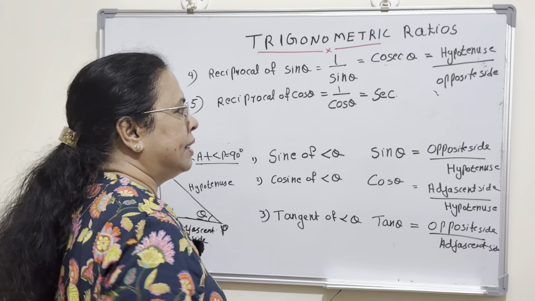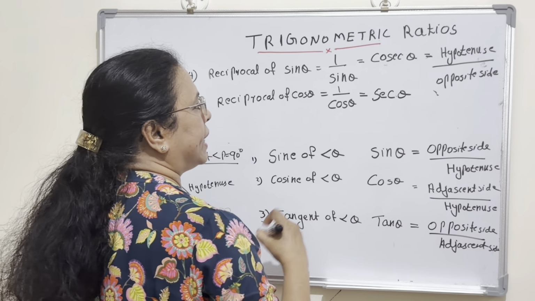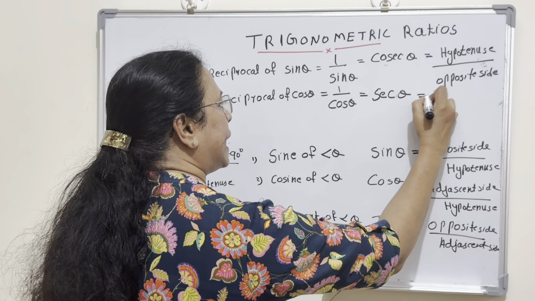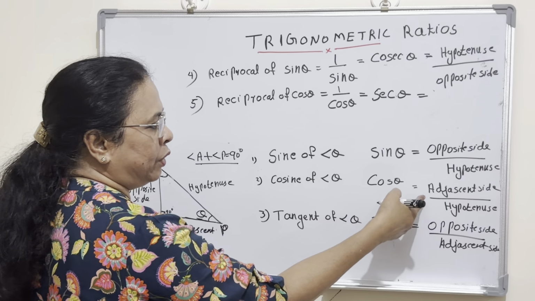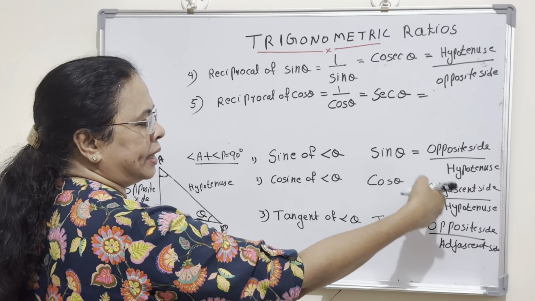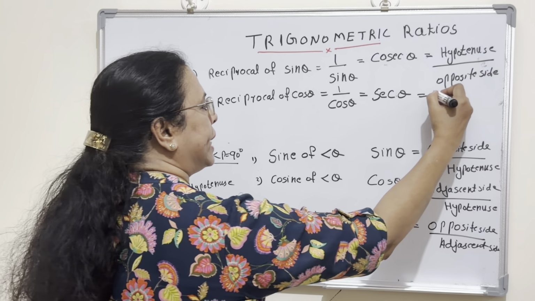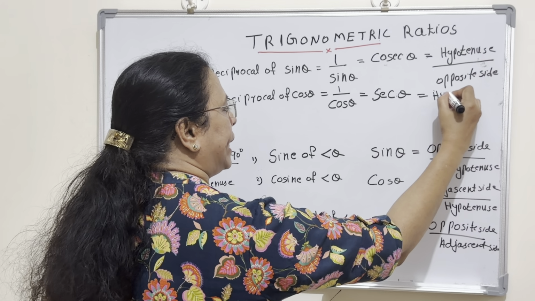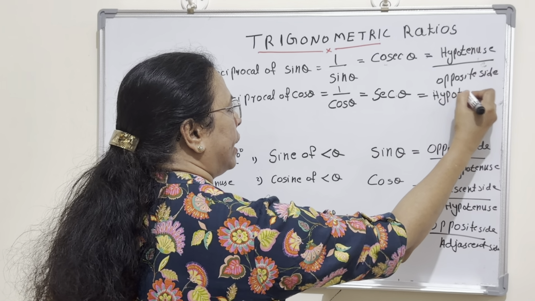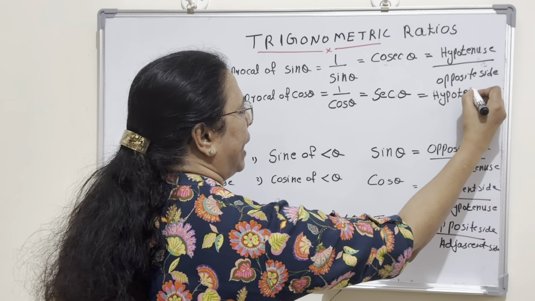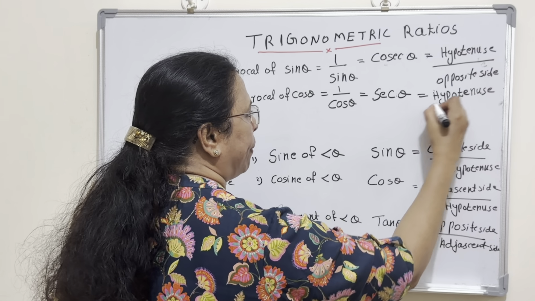Sec theta, again it is a ratio. Sec theta is a ratio of what? Again, you go for the reciprocal of cos theta, hypotenuse by adjacent side. So what is sec theta? The reciprocal of cos theta, and it is denoted by hypotenuse.